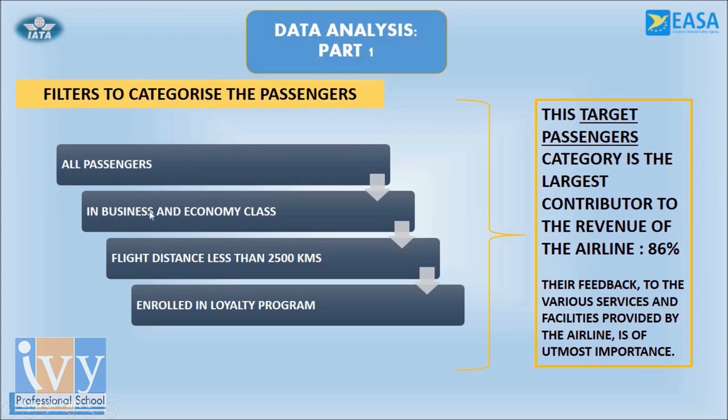Later, we found out who are traveling in the business and the economy classes. We concentrated on those passengers. Further, we concentrated on who are traveling less than 2,500 kilometers, and to further filter the passengers from that list, we focused on who are enrolled in the loyalty program.